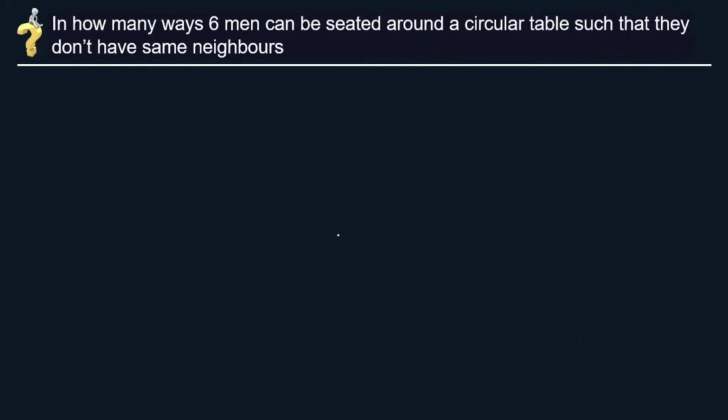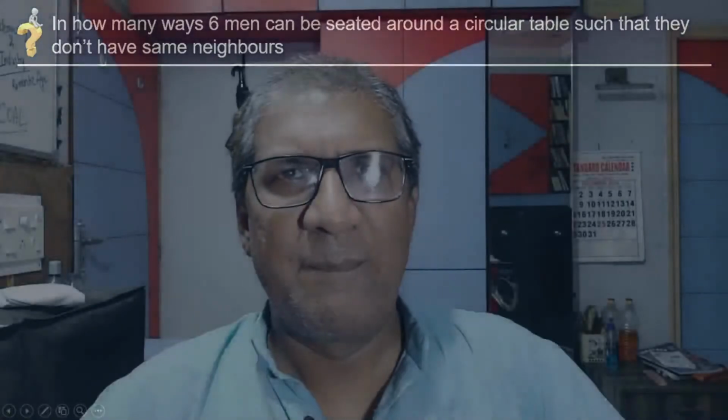See this question. In how many ways can 6 men be seated around a circular table such that they don't have the same neighbors? Very, very important question. Mainly you have to identify two things.